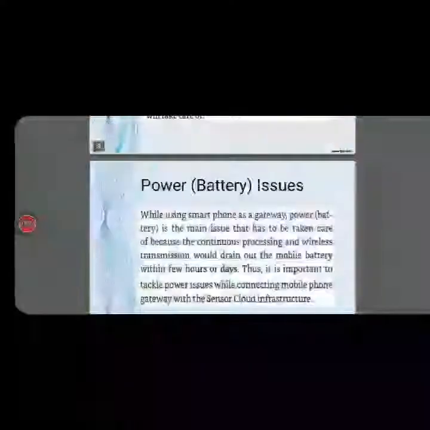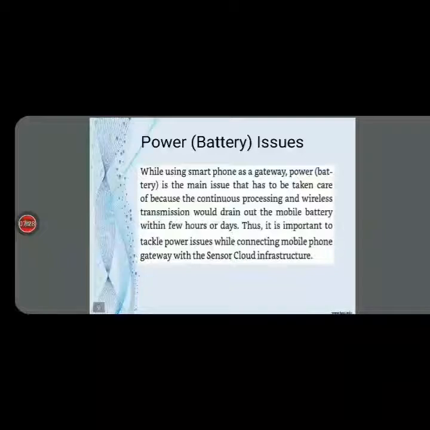Next, the power issue. What is the power issue? Nowadays we use mobile phones, laptops, computer systems, etc. If one day we have a power problem and our village or city shuts down, we cannot use the mobile because there is no power.